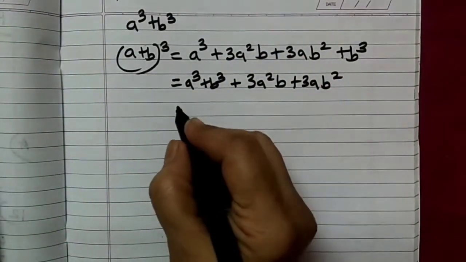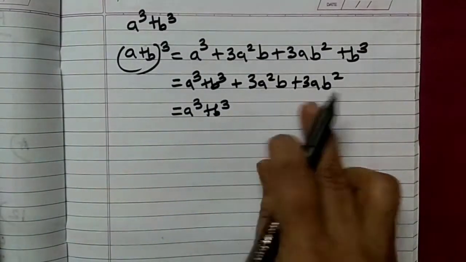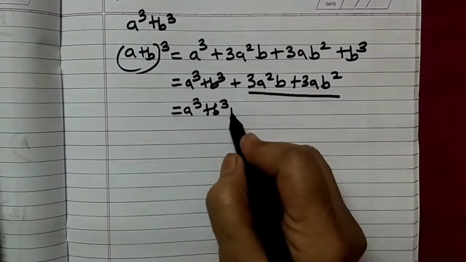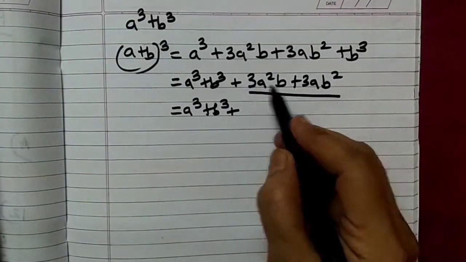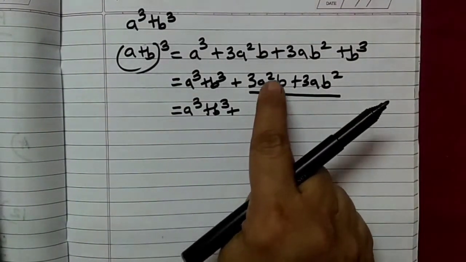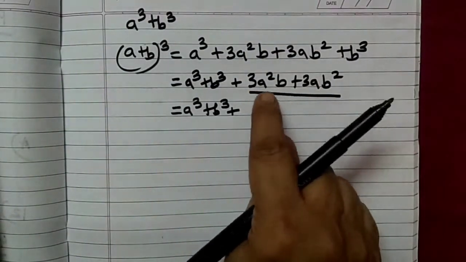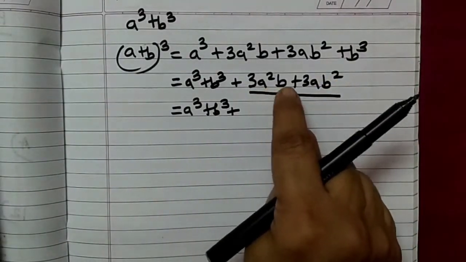Now a cube plus b cube, I'll keep it like this. In between these two, I will take something common out. I'll put a plus sign here, and now what is common in this? See, there is 1 3 here, here also there is 1 3. Then there is a over here, here there are 2a, but here there is only 1a, so 1a is common. Then there is 1b here and here there are 2b's, so 1b is also common.